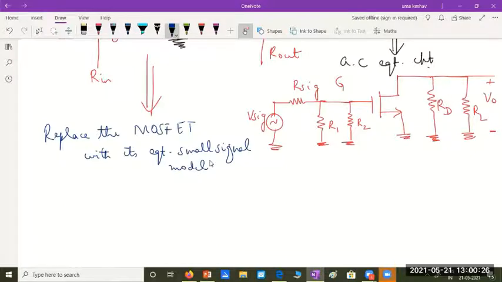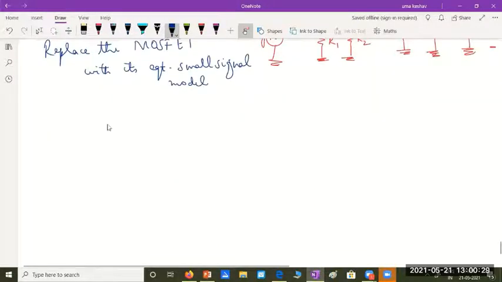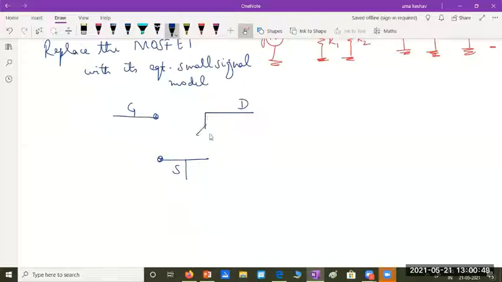Do you remember the small signal model of the MOSFET? What did it have? From gate to source, it had infinite input impedance. Remember, there was no connection from gate to source. And on the output side from drain to source, I had to include a dependent current source gm VGS in parallel with the output resistance ro.